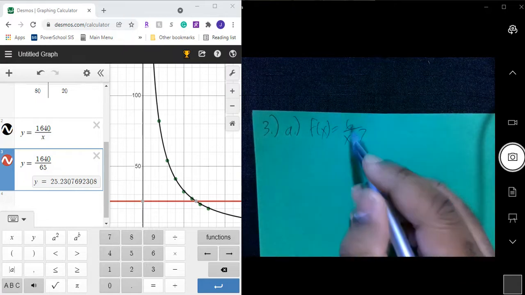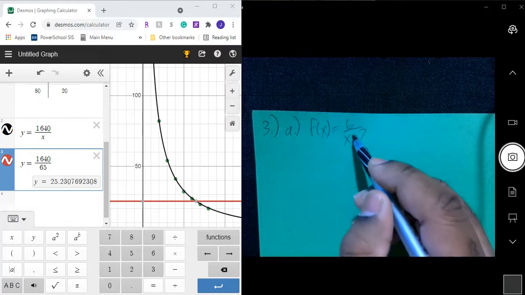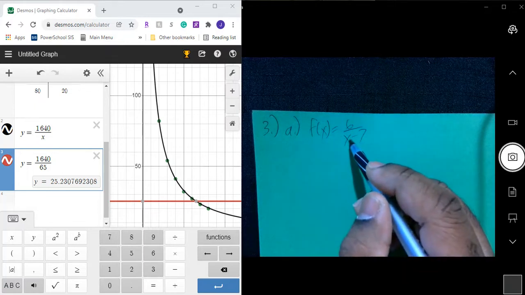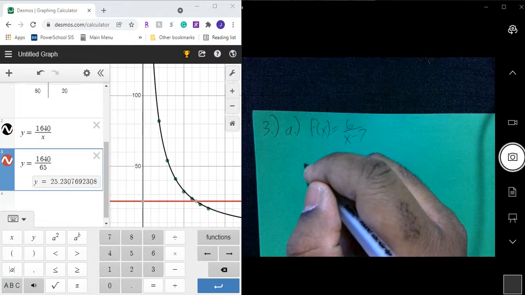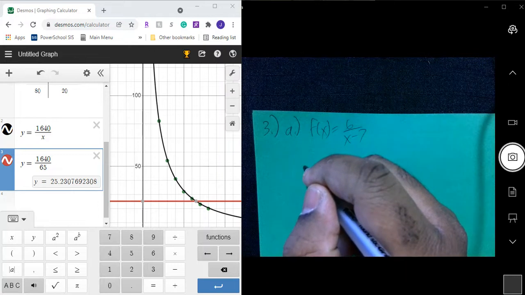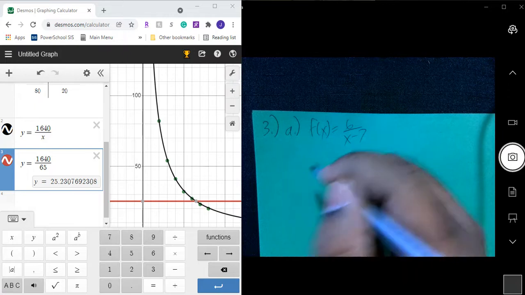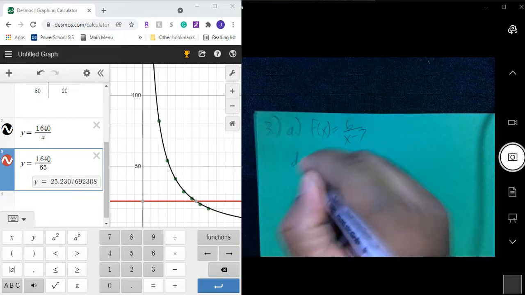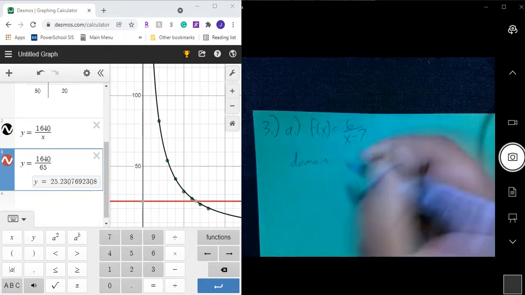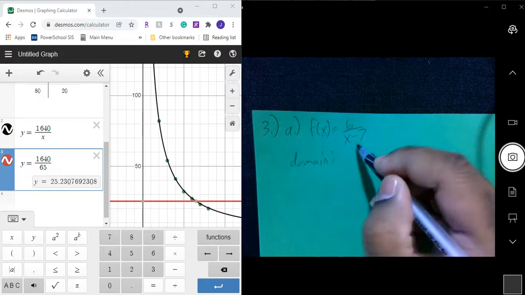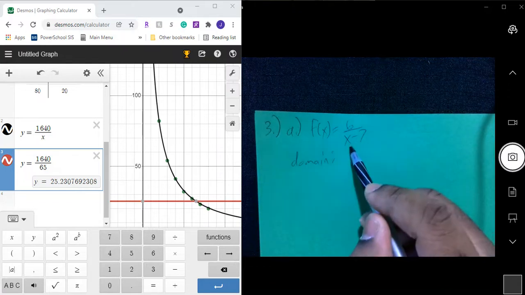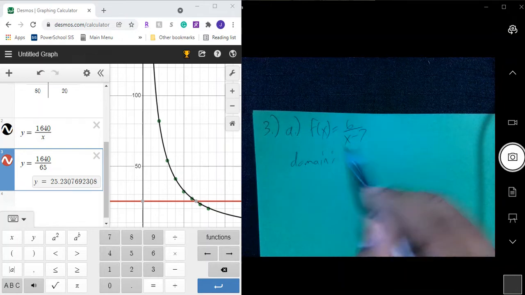Okay, so first of all, we are trying to find the domain first. So the domain, remember the domain is x values. If we look here, x can be anything except for 7 because we cannot make this denominator 0.